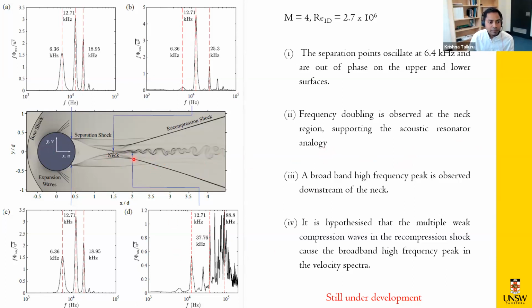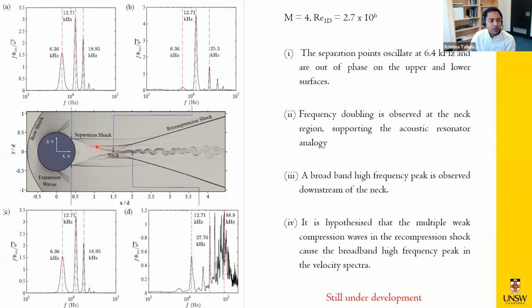And lastly, we also looked just downstream of the neck, and we found some quite interesting behavior. We see a broadband high frequency peak developing in a very short distance from the neck. And we hypothesize that if you look carefully at how the recompression shock is formed, there are several weak compression waves present in this region.